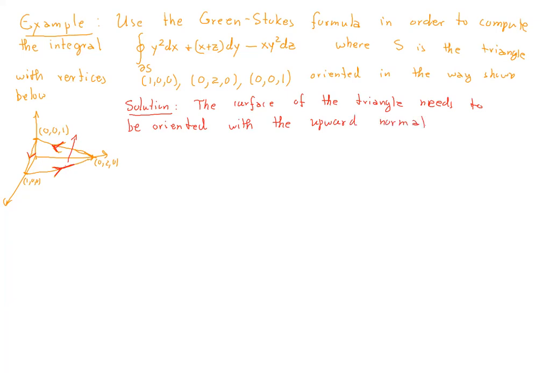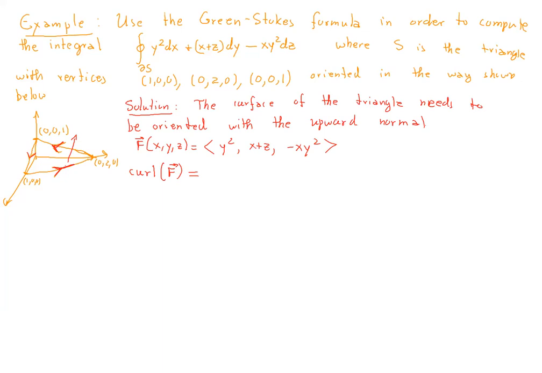Okay, so what is the underlying vector field? The underlying vector field is f of x, y, z equal to (y squared, x plus z, minus xy squared). And its curl will be given by what? I mean, remember that it's the curl that we need to integrate to find the flux integral for the curve.